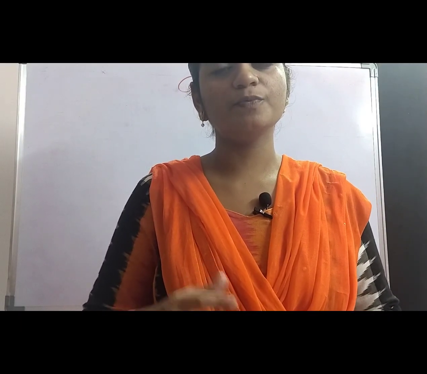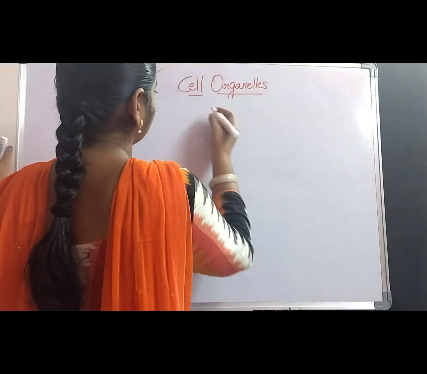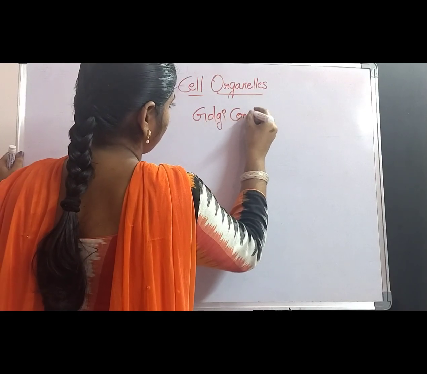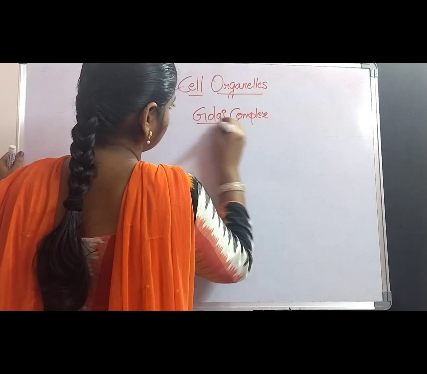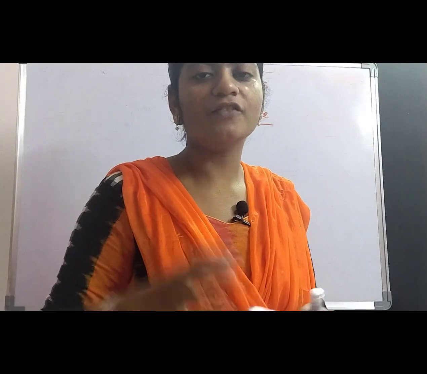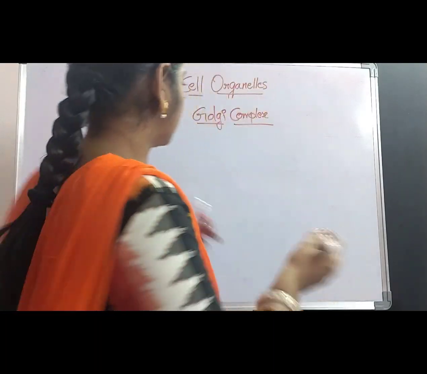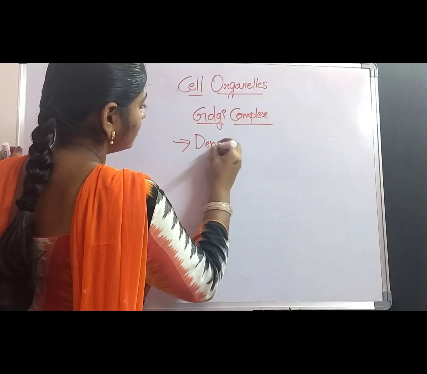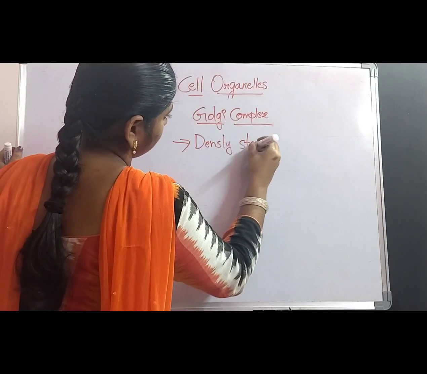And now we are going to discuss the second cell organelle which is present inside the eukaryotic cell, that is the Golgi complex. The Golgi complex is made of densely stained reticular structures.